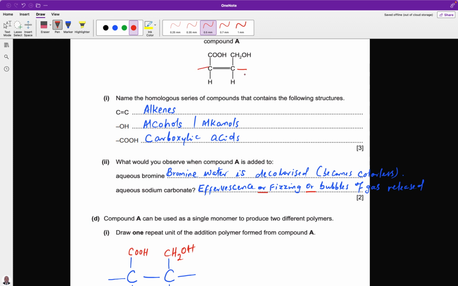So there will only be a single bond here, and another one here, another one here. All the units will be added like that, added like that, added like that, when it has to do with addition polymerization. Let me clear it off.